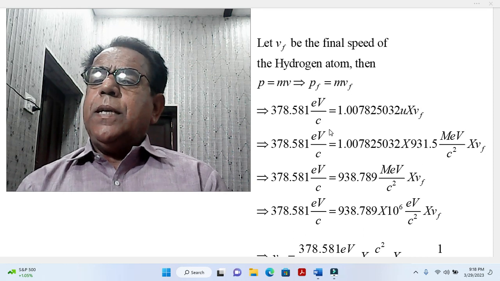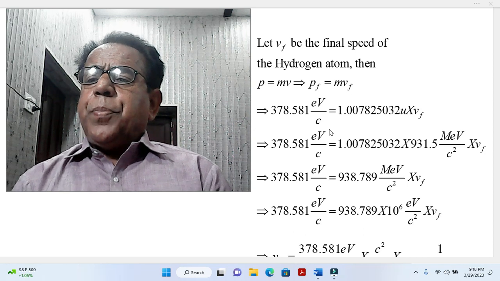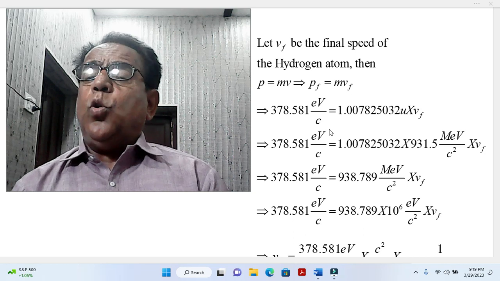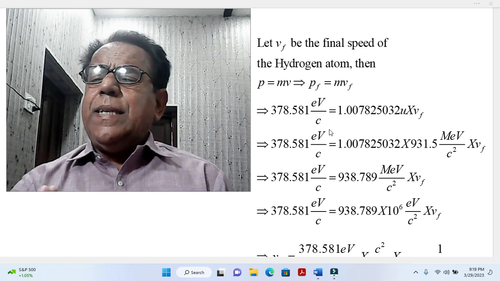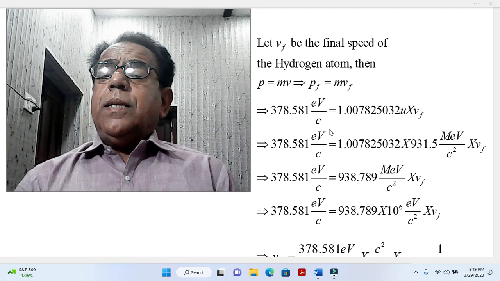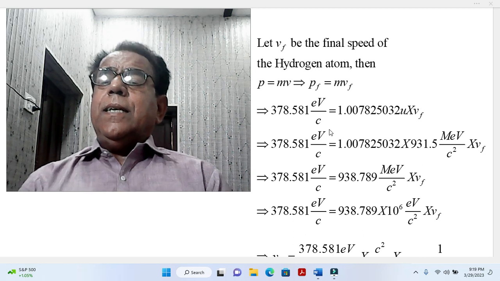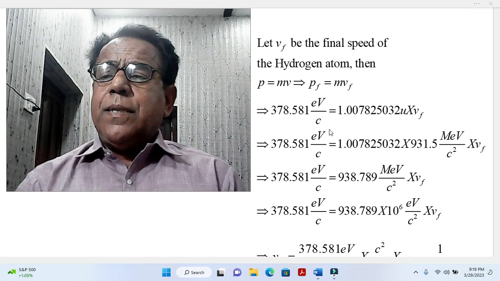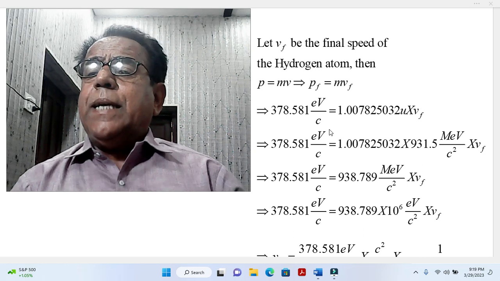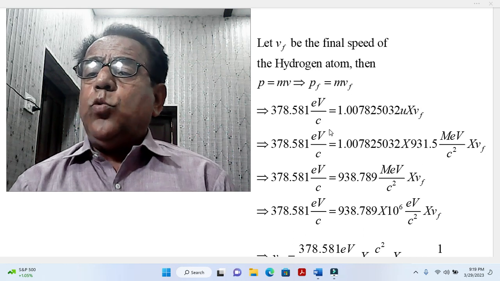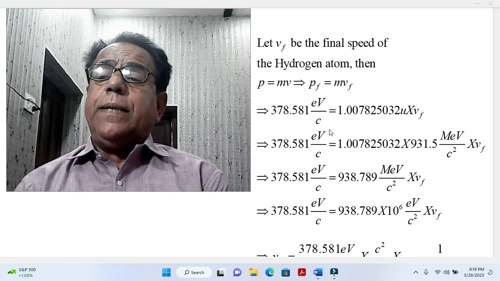Simply we have multiplied 1.000 with 931. Because this quantity is slightly greater than 1, 931 has been increased to 938.789.